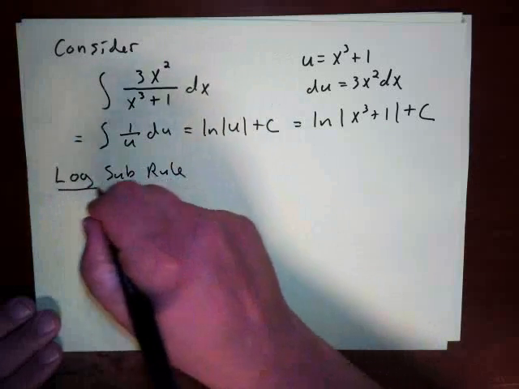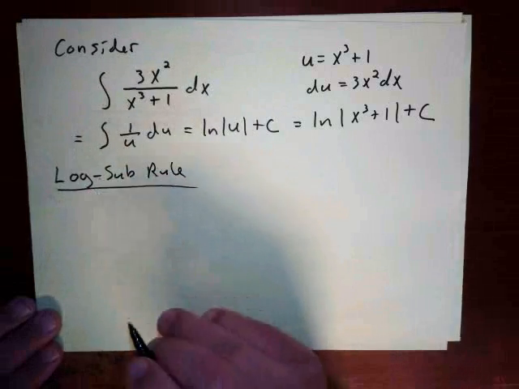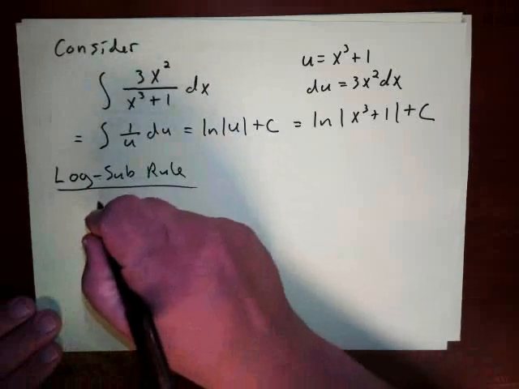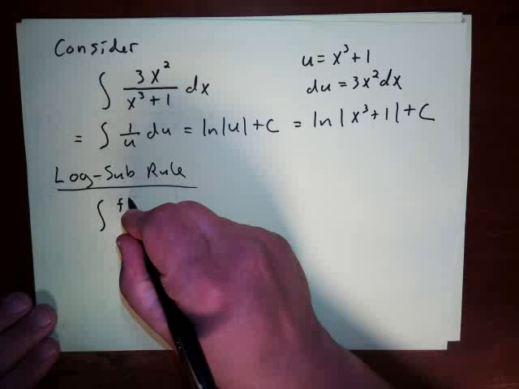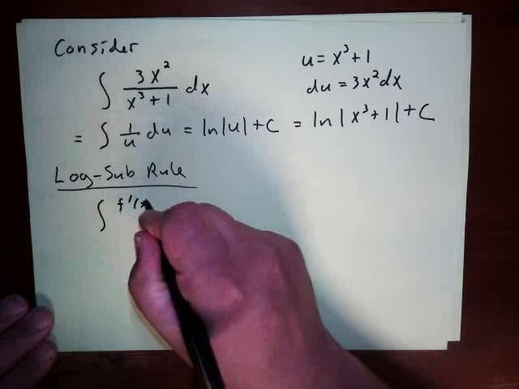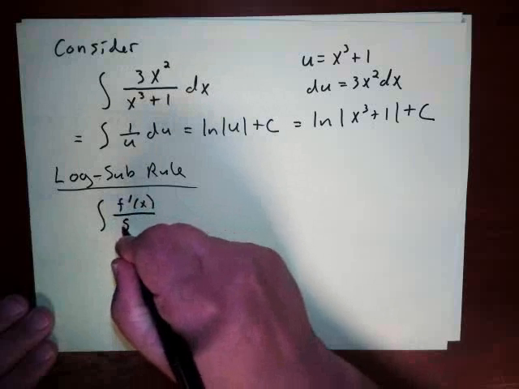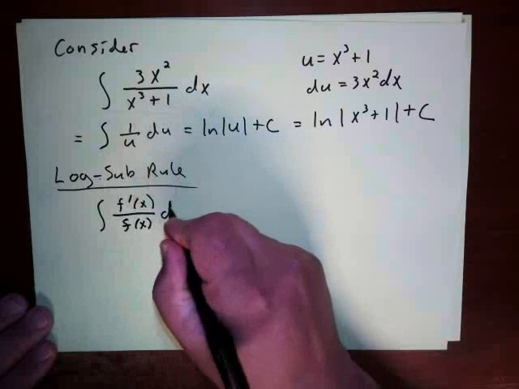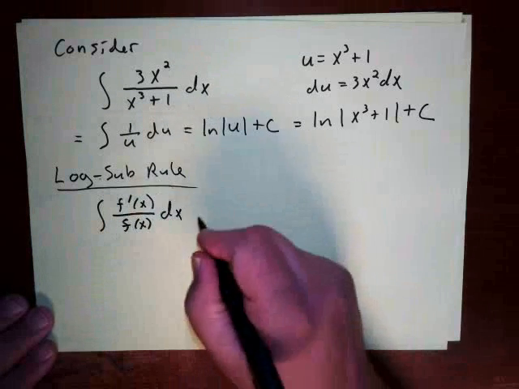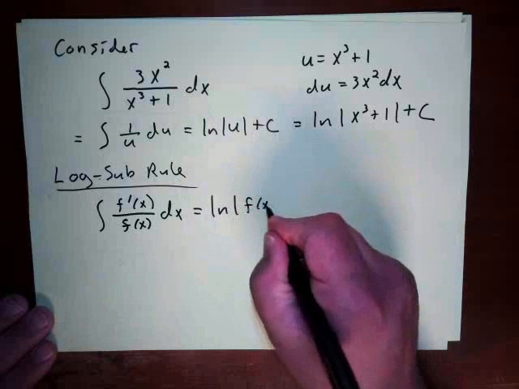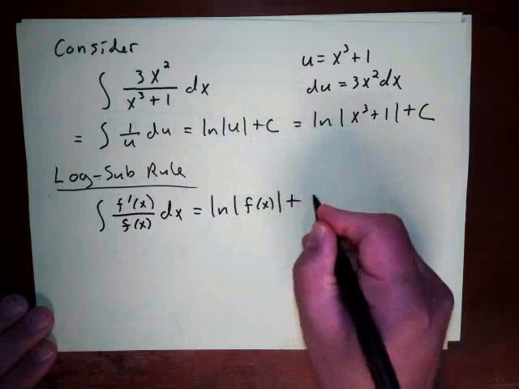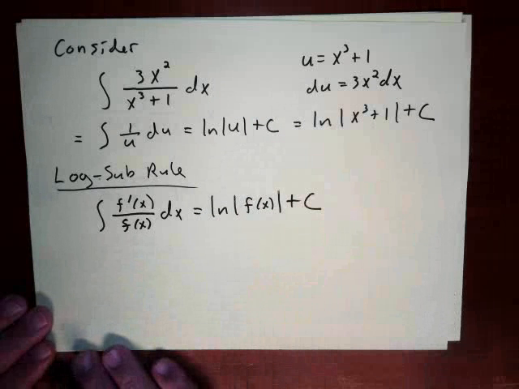I just made that up. The log sub rule or something like that. And it's basically, if you have the derivative on top and the function on bottom, then this is just going to be equal to the natural log of the function that's on the bottom, plus c. That's a nice rule.